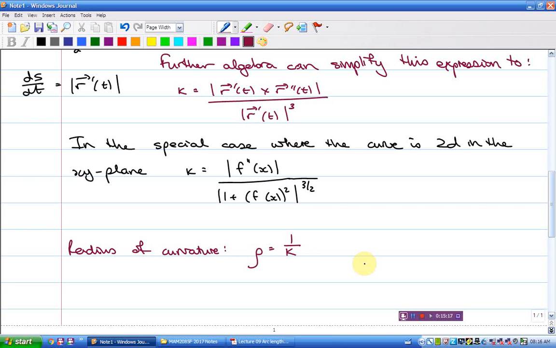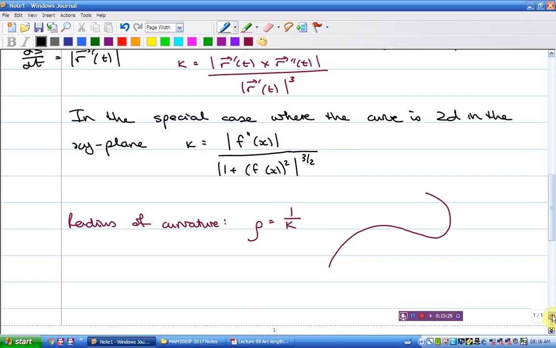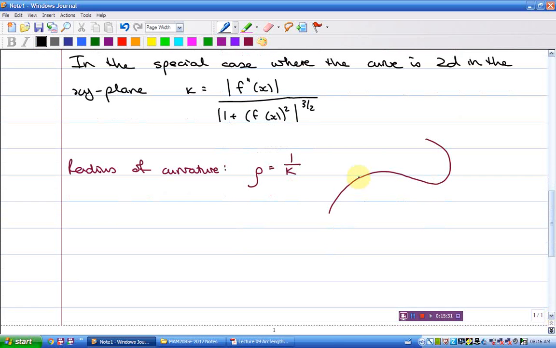Well, if you have a curve, let me try and draw a curve that has a nice gentle bend and then has a nice tight bend, okay? Let's say that's your curve. I'm going to have a point over here and I'm going to have a point over here. Imagine that you want to have a circle that's snuggling up against that curve and has those two dots, well, two circles that have those two dots as their points of tangency.